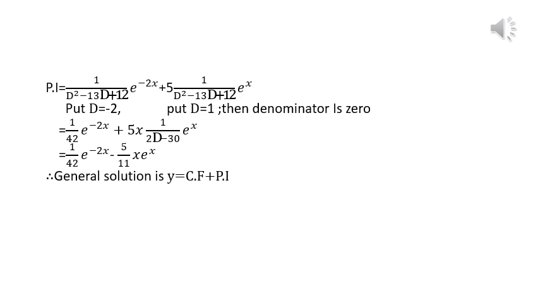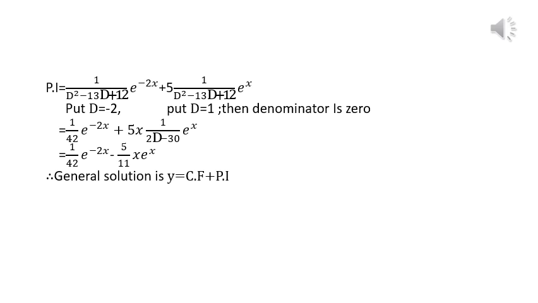There are two terms, e^(−2x) + 5e^x. So with respect to these two terms, we must write 1 over (D² − 13D + 12) on e^(−2x) plus 5 into 1 over (D² − 13D + 12) on e^x.